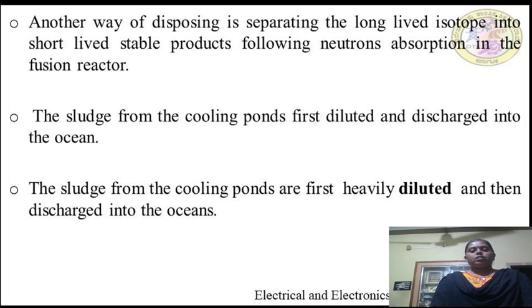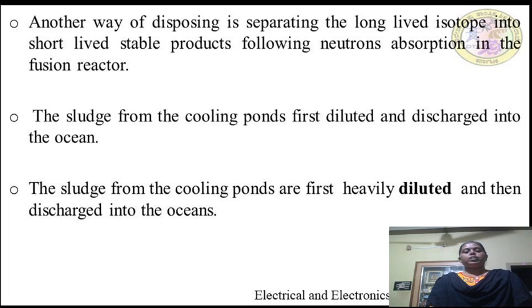The next method is that the sludge from the cooling ponds is first diluted and discharged into the ocean. That is, whatever sludge is present in the cooling ponds due to the nuclear exposed steam is diluted and discharged into the ocean.